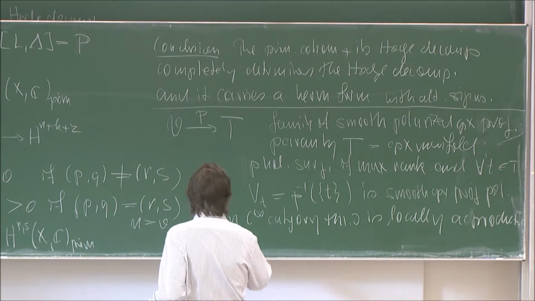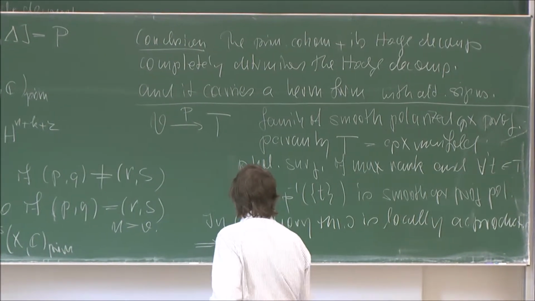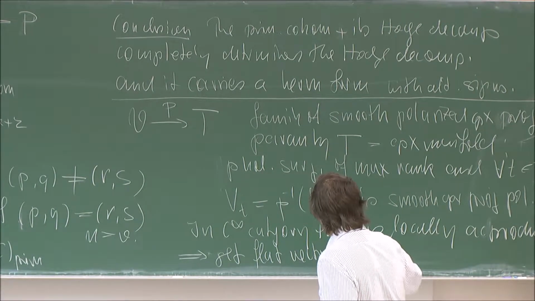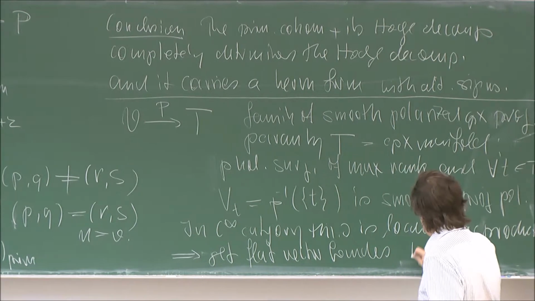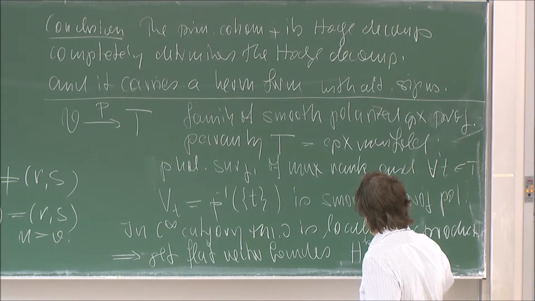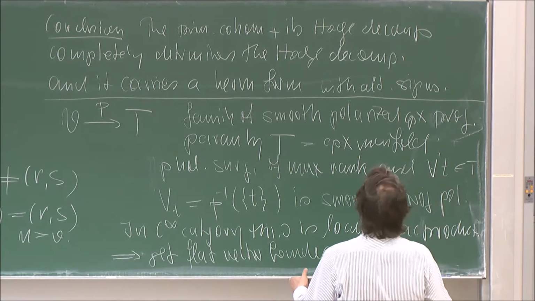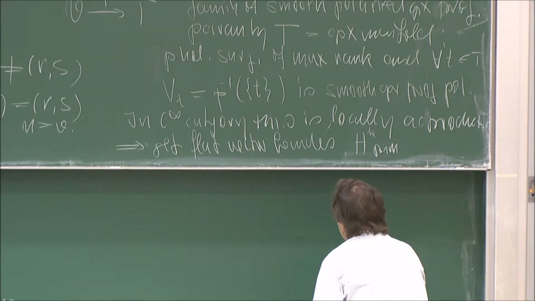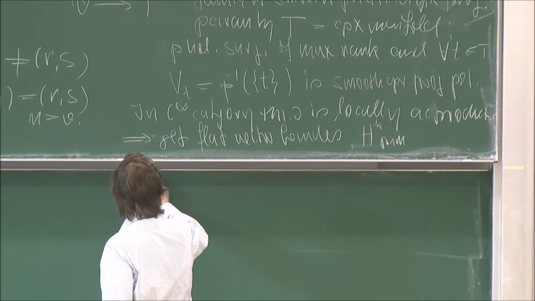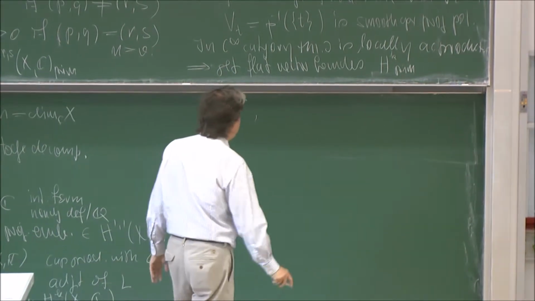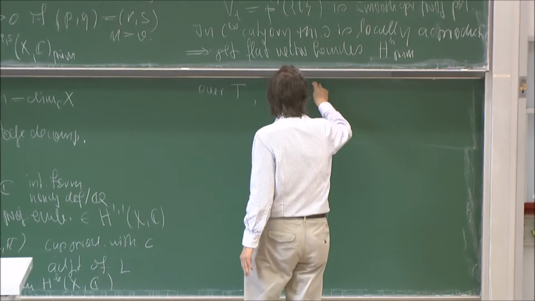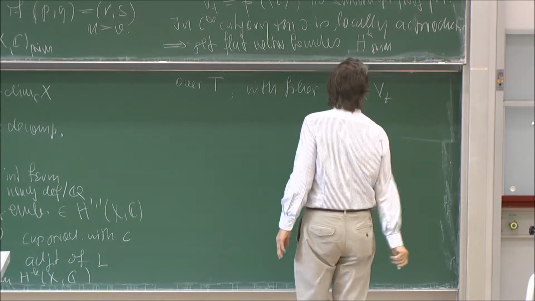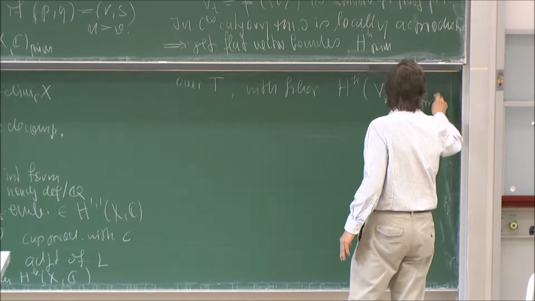And so what this means is that you get flat vector bundles, let me call them H^k prim, flat vector bundles over T with fiber, the typical fiber, the cohomology of V_t with complex coefficients, and primitive.